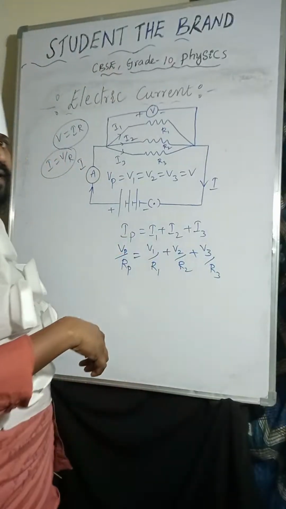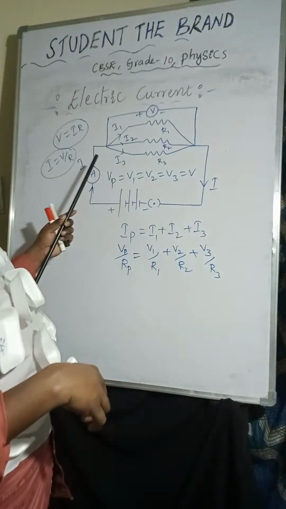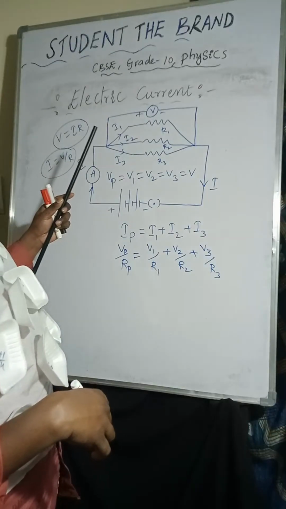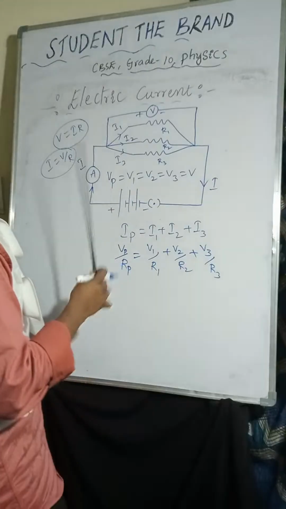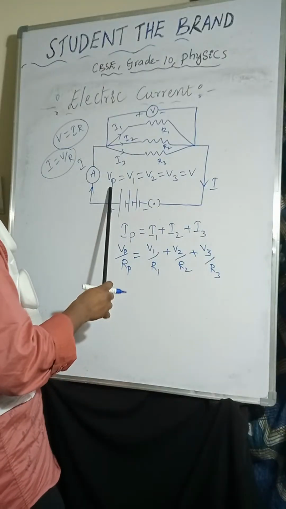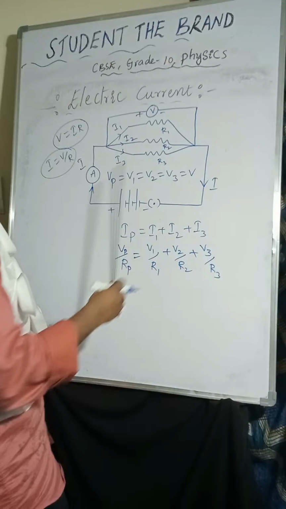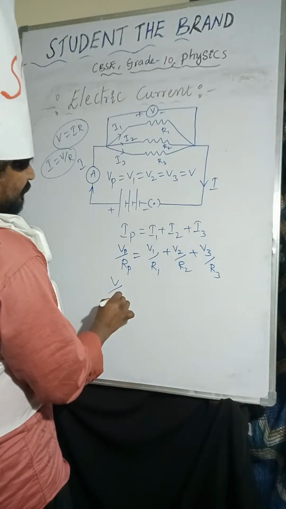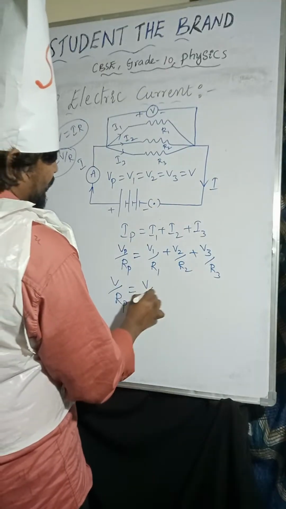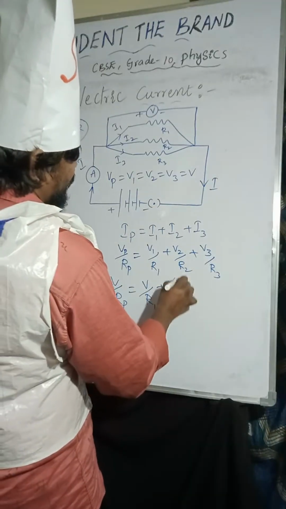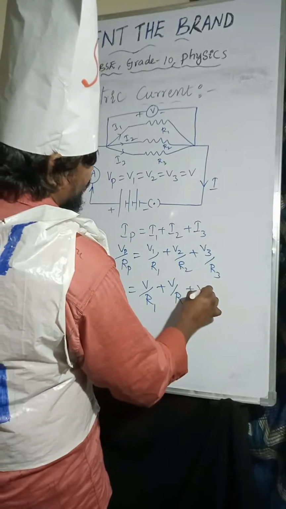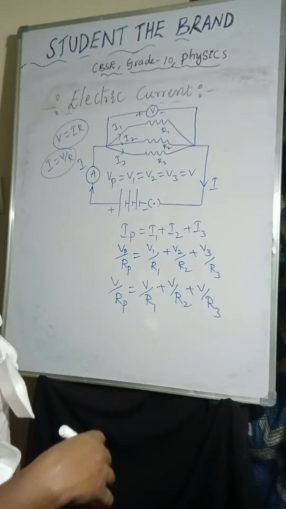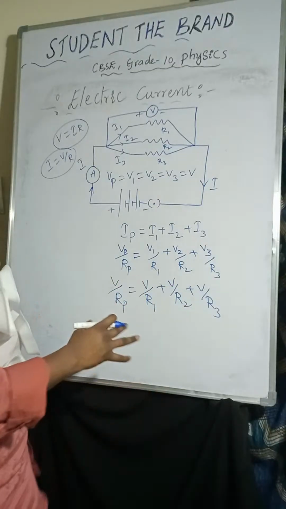So now you can observe V1, V2, V3 equal to V. So that's why I am writing V by Rp equal to V by R1 plus V by R2 plus V by R3. Now you can observe, I am taking V common.